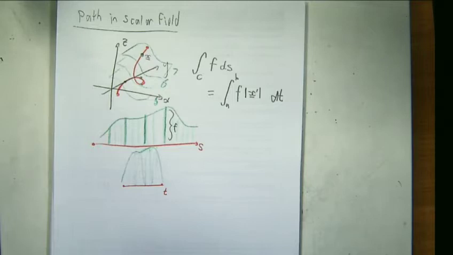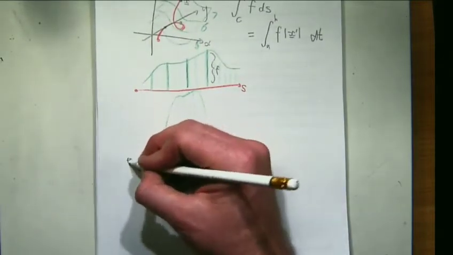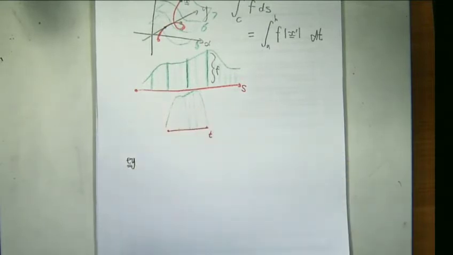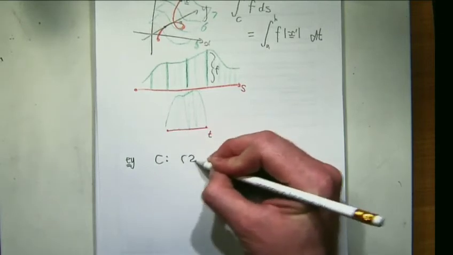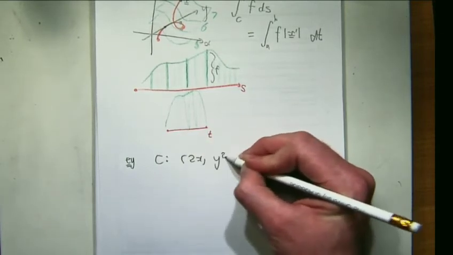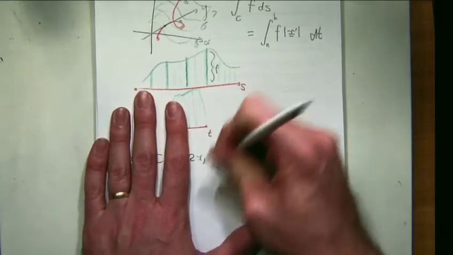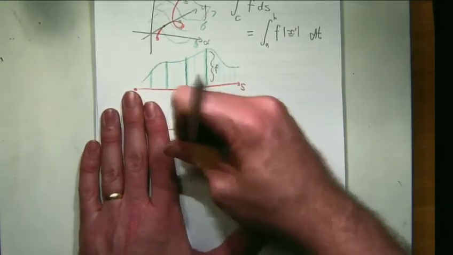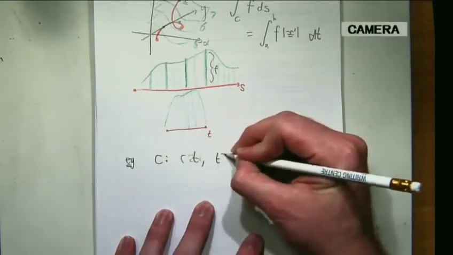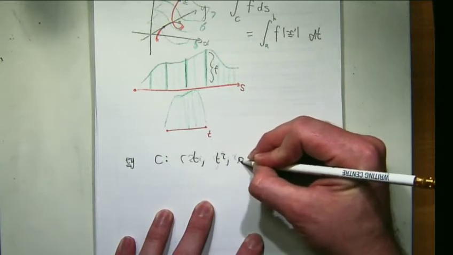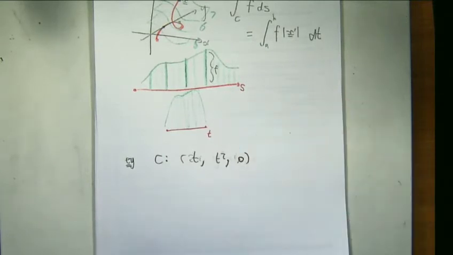So, as an example, scalar field. We're just taking a random curve. So the curve has to be made out of t's. Something like that.